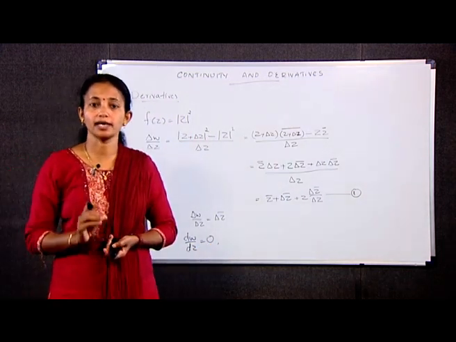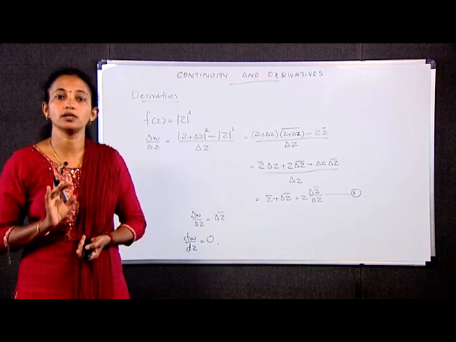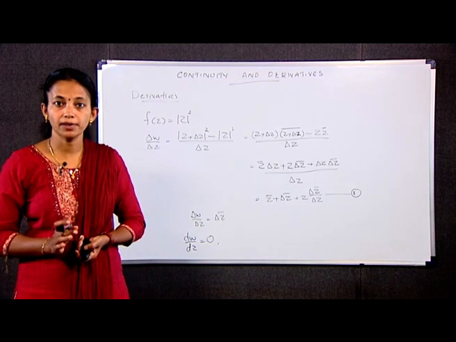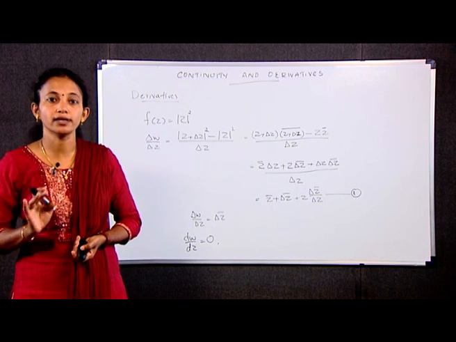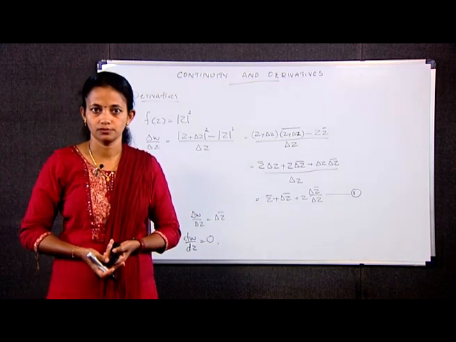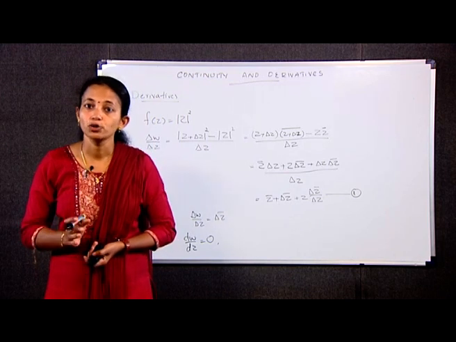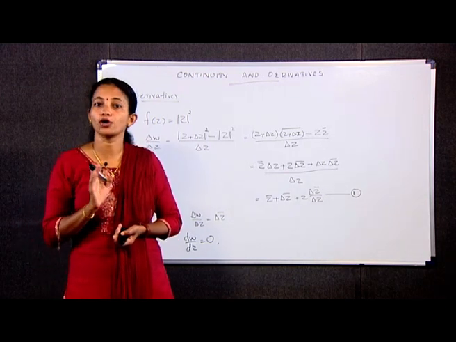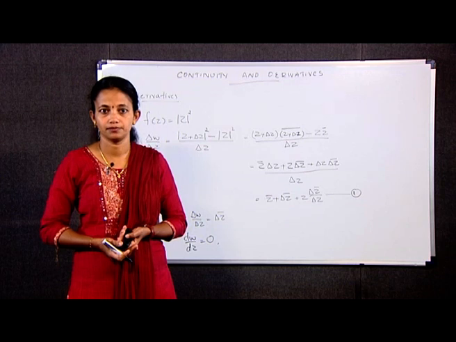Now, we consider the case when the point is not the origin. We claim that the limit of equation 1 does not exist when z is a point other than the origin. We prove our claim using the two-path test for non-existence of a limit.